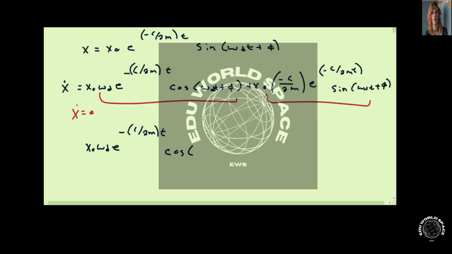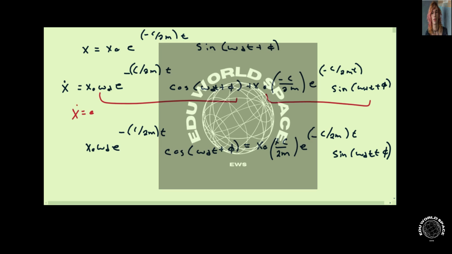And we have the cosine omega d t plus phi equals x naught minus c over 2m e to the minus c over 2m t, and then we have sine omega d t plus phi.